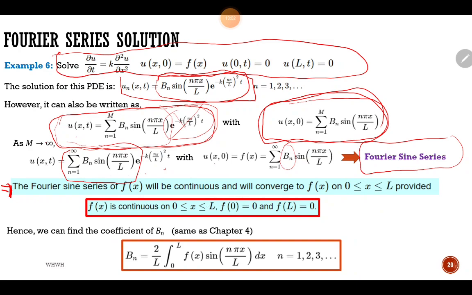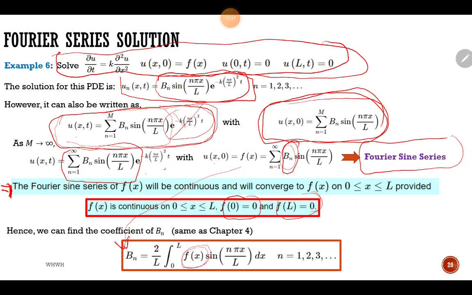And okay, untuk cari bn ni, you boleh follow the same formula as in chapter 4, where you can straight away simplify the formula to bn equals to 2 over L integration from 0 to L fx sin n pi x over L dx, irrespective of whatever function of fx pun tak apa, tapi you have to make sure it satisfy the condition f0 equals to 0 and fL is equals to 0.